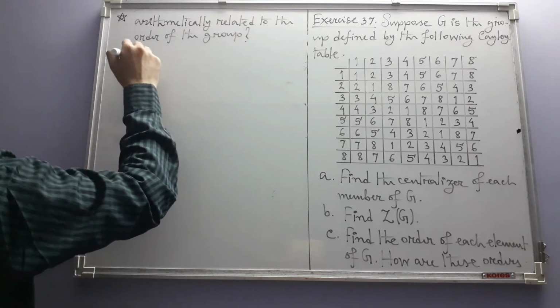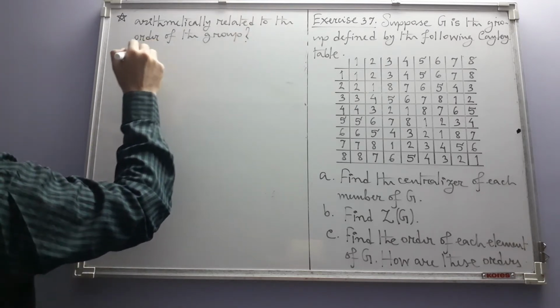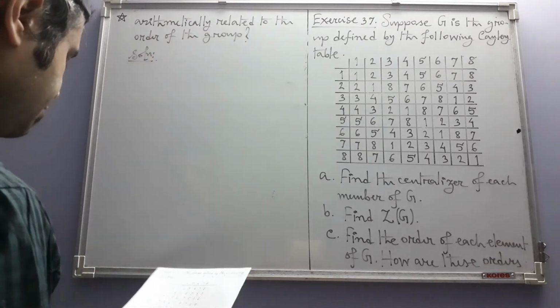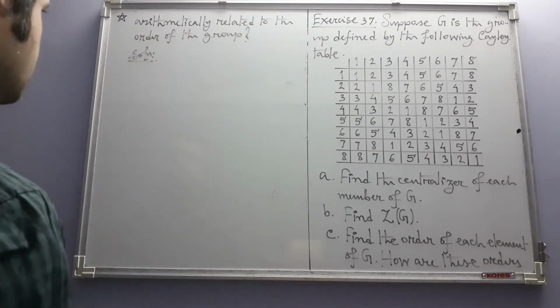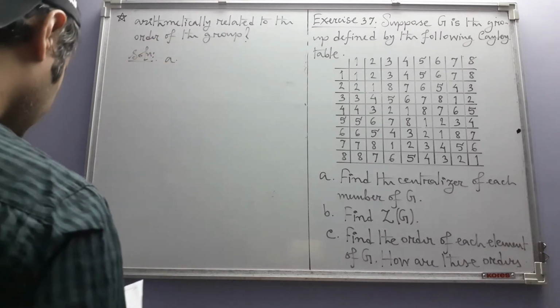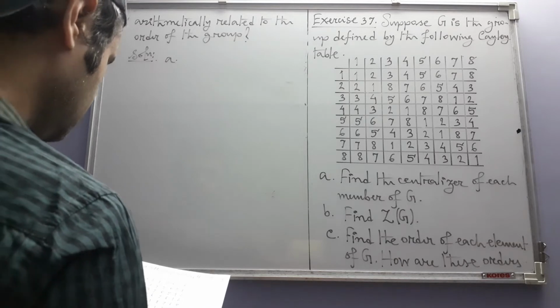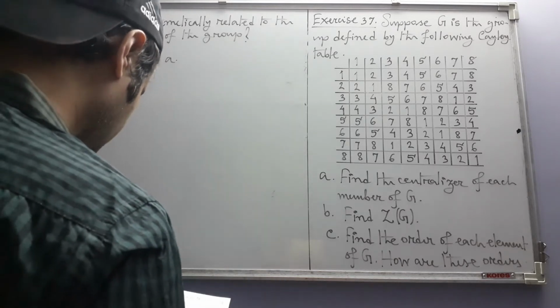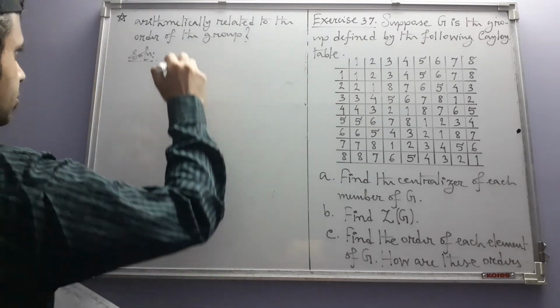Okay. Now these are some things that you just have to calculate. So I straight away write the answers. It's left to you to verify that these are the things that we will get.